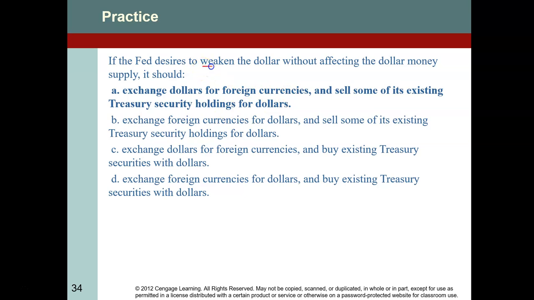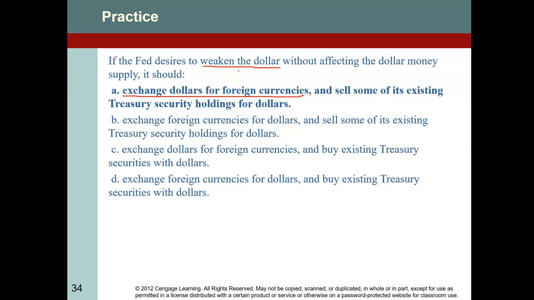Because we want to weaken the dollar, we need to either reduce the demand or increase the supply. If we exchange dollars for foreign currencies, we're increasing the supply, right? If we're selling dollars, it will weaken the dollar.